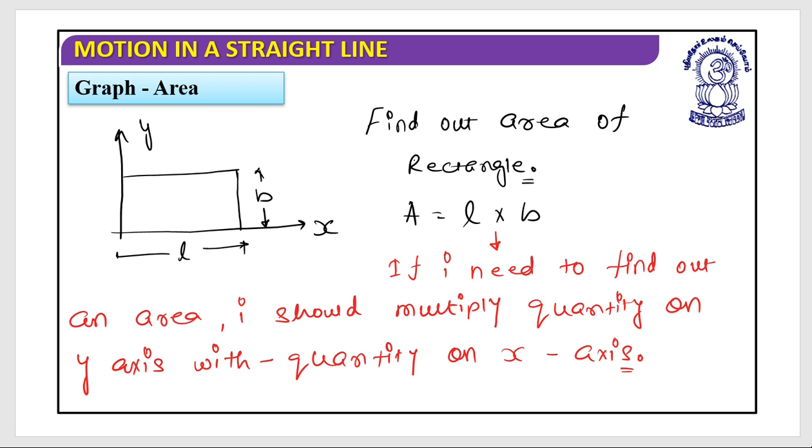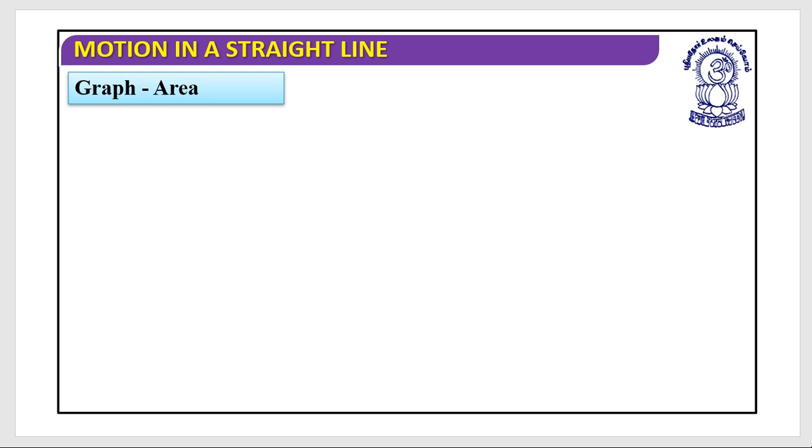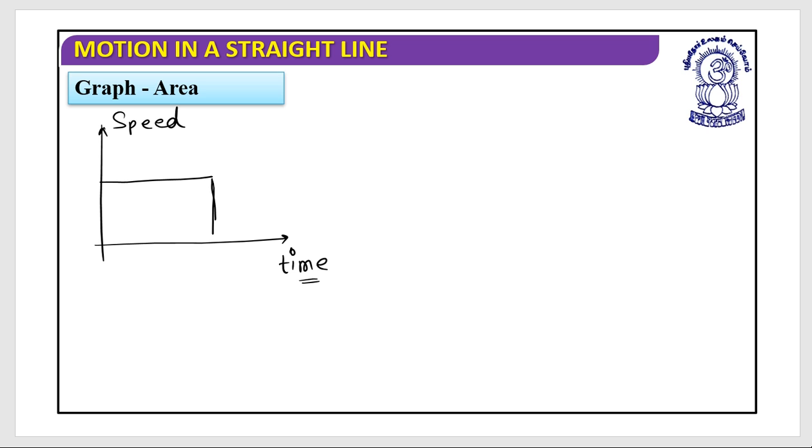What could be the situation for us? Let's say, suppose, a graph of speed versus time is given. They have given the situation something like this. Let's say this is 0, and this would be 10 seconds, so time would be in seconds.